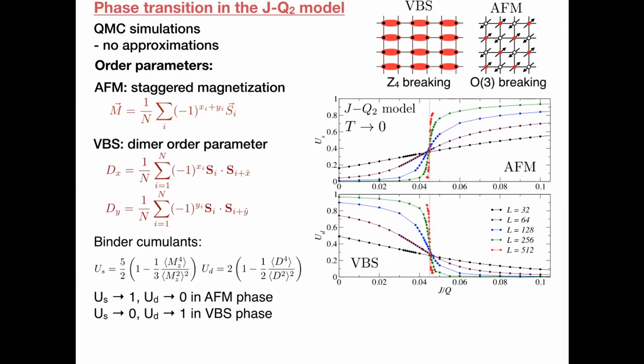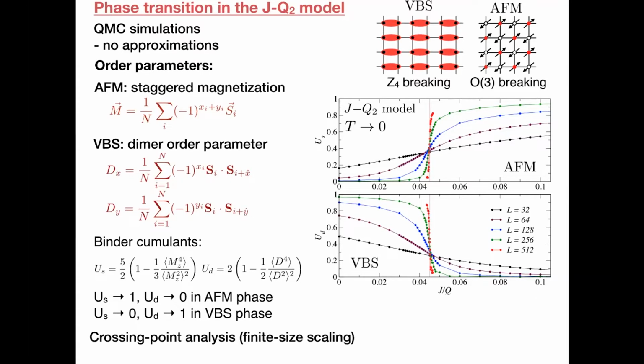As you increase the system size, this develops into a step function. So in the AFM phase, which is here, it will eventually go to 1, and you see that it becomes very steep for the biggest sizes. Since the calculations are expensive, we don't bother to go further. For the VBS case, it's the opposite. The step becomes 1 on this side and goes to 0 there.